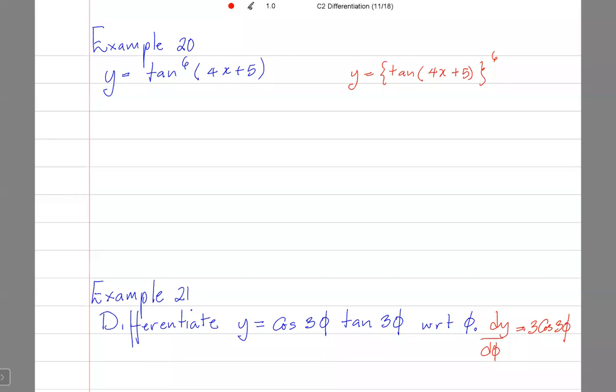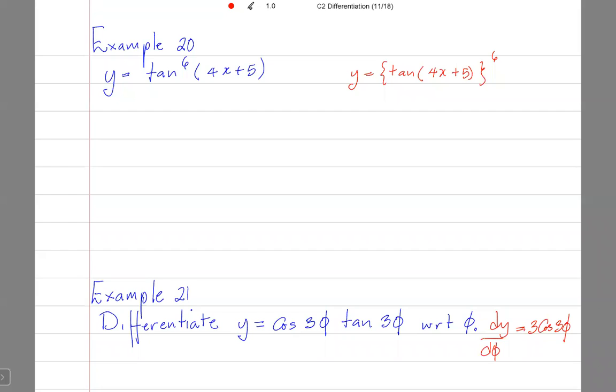We're doing example 20. I didn't write it down, but it's telling us to differentiate y equals tan 4x plus 5 raised to the 6th power. The way you should view it is the way it is to the right, where it's the same as saying tan of 4x plus 5 raised to the 6th power.